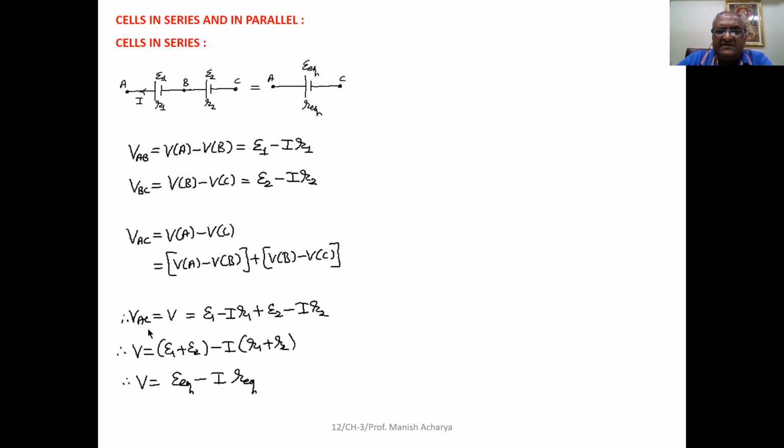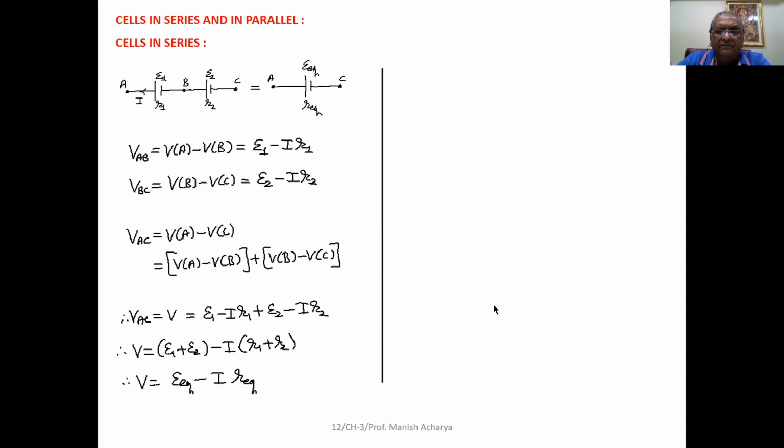So VAC, say it is V, is equal to E1 minus IR1 plus E2 minus IR2. So we can rewrite this as V equal to E1 plus E2 minus I into R1 plus R2. We can compare this with V equal to E minus IR. So we can write V equal to E equivalent minus I into R equivalent.